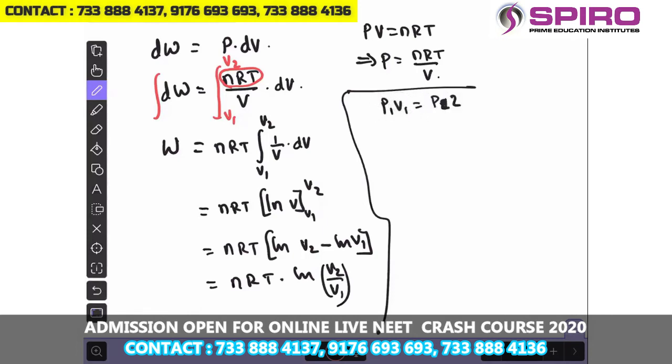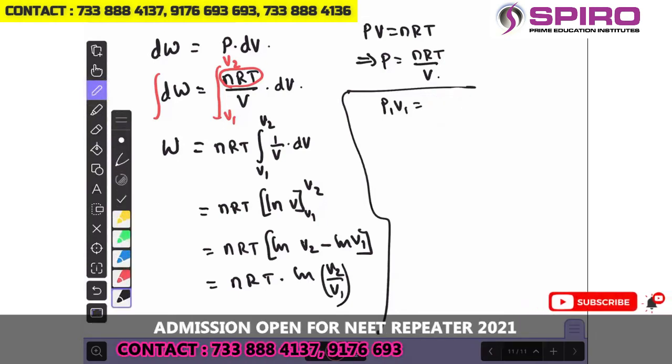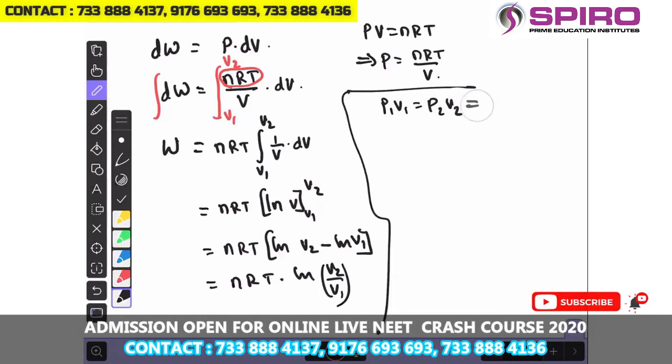Being P1 V1 equals P2 V2, I'll write it once again. P1 V1 equals P2 V2, so V2 by V1 can be written as P1 by P2.